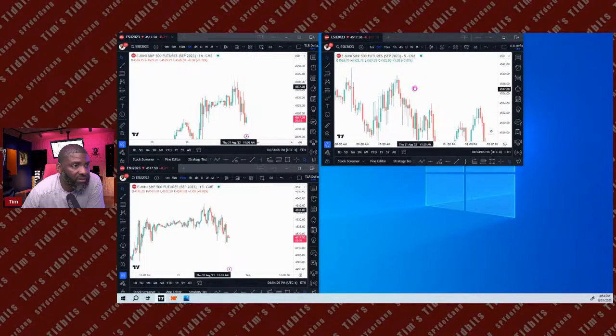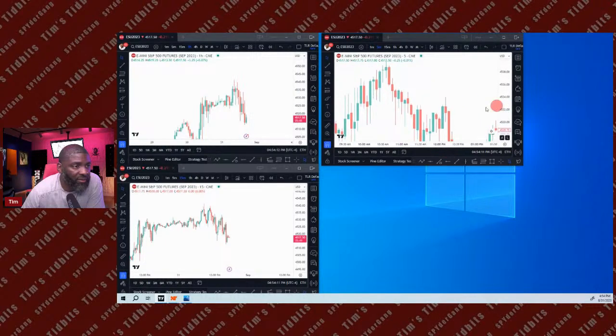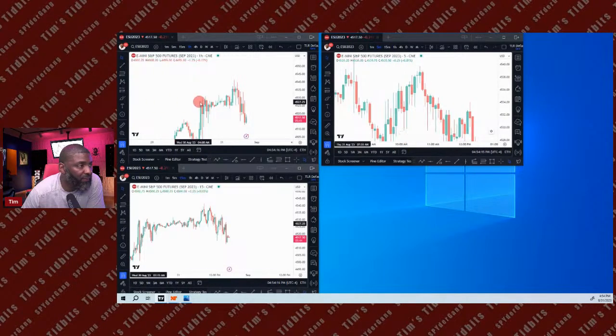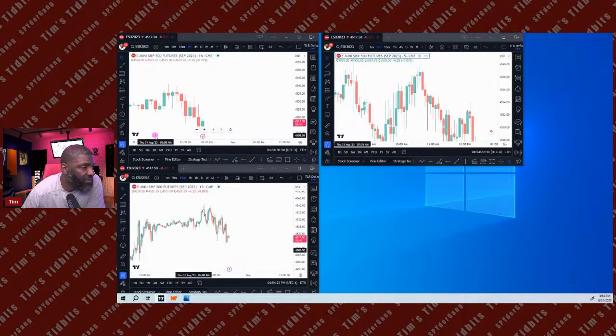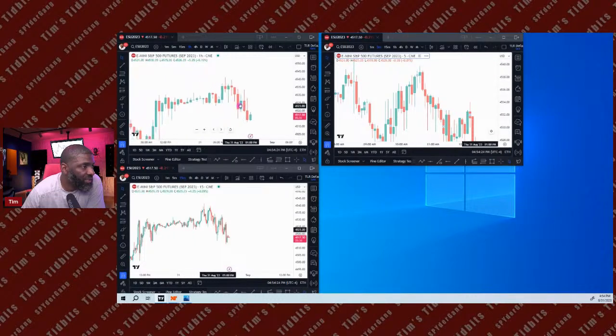This area right here is the area we're looking at. So this is 10:35, so this is going to be on the 10 o'clock candle. That candle right there.